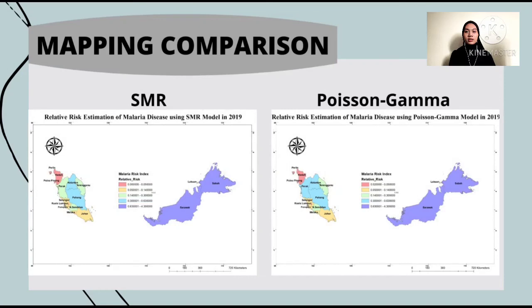Next is mapping comparison. This is a mapping comparison between SMR and Poisson gamma. According to its color, for malaria risk index relative risk, there are 5 categories, which are very low, low, medium, high and very high, in sequence red, yellow, green, blue and purple.